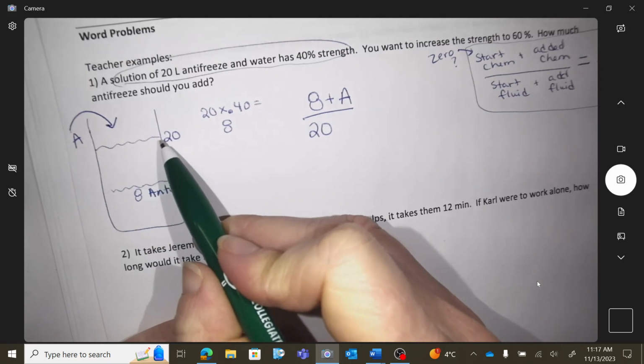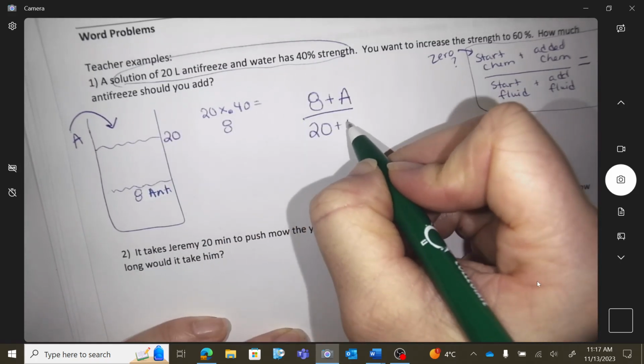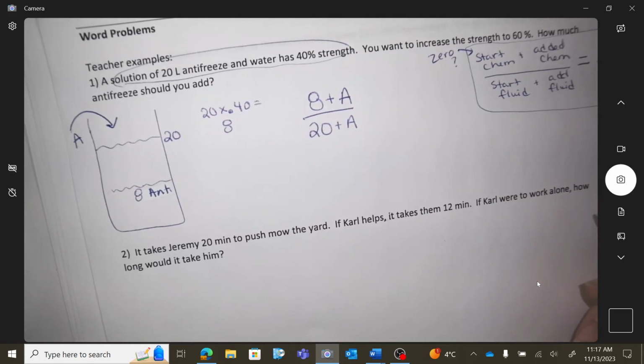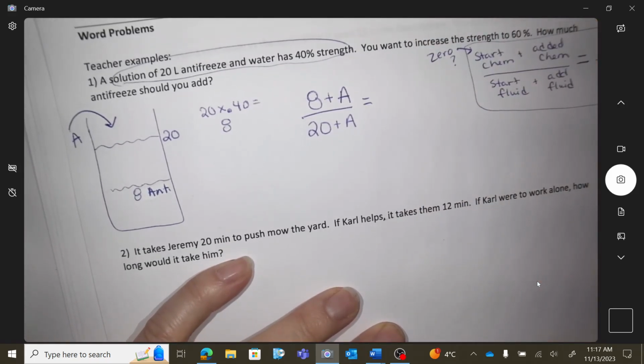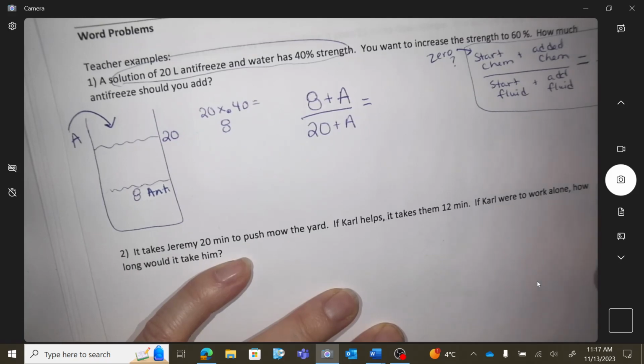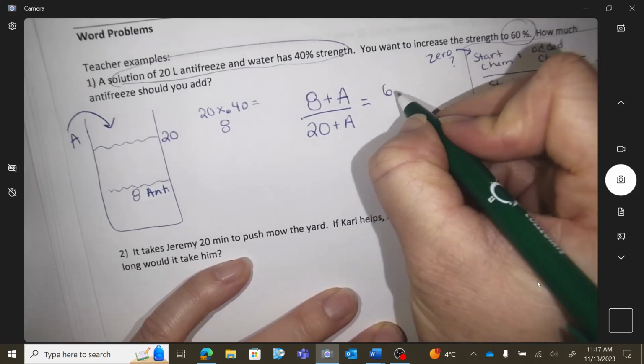Did that level go up? Would 20 go up? Yes. If I put in more fluid, it doesn't matter what kind of fluid, if it's water or the chemical, it would go up. And what is the goal to reach at the end after the added? 60% is the final that I want to get to.